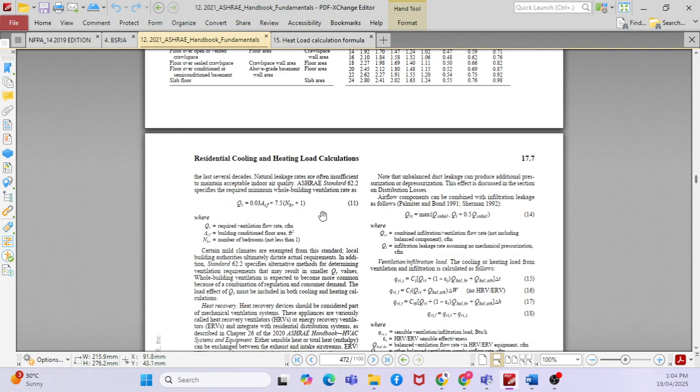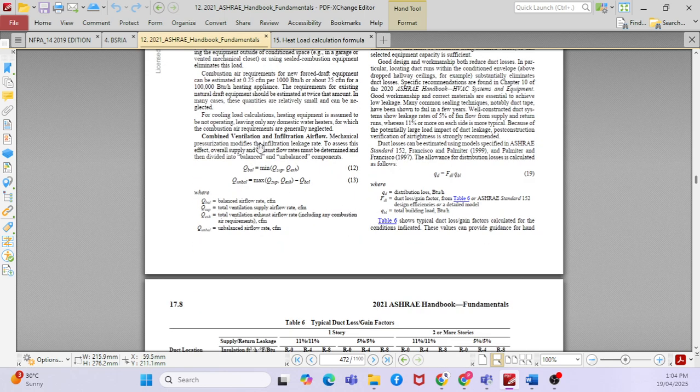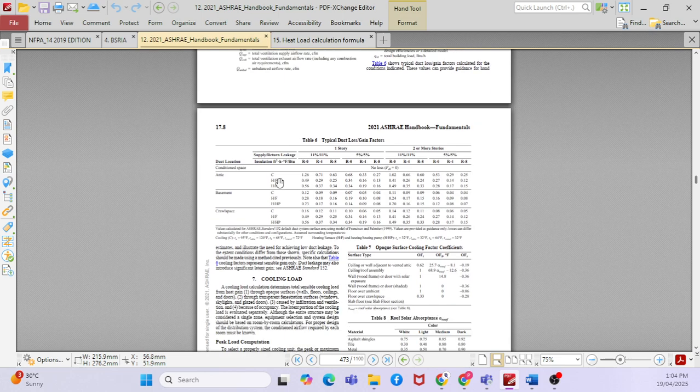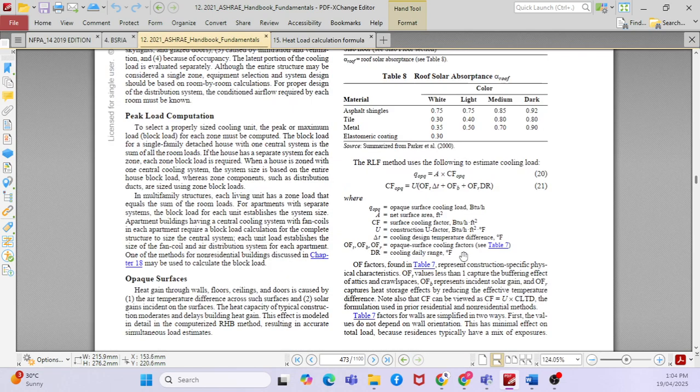Here there is the equation, and if you go further down, there is the combined ventilation and infiltration flow. Sometimes you may take air from outside and air from the return side and mix it before it enters the coil. So that is a mixing of air, and you will get that understanding from here.